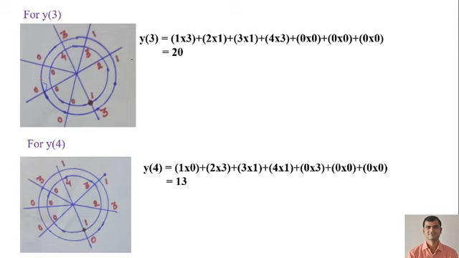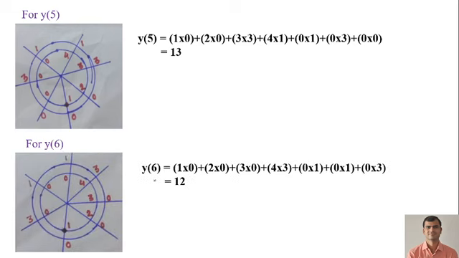Here 3 is shifted to this position by 1 sample. For 4, we will have the answer for y of 3 as 20, y of 4 as 13. For the last ones, y of 5 and y of 6, we will get the answer.